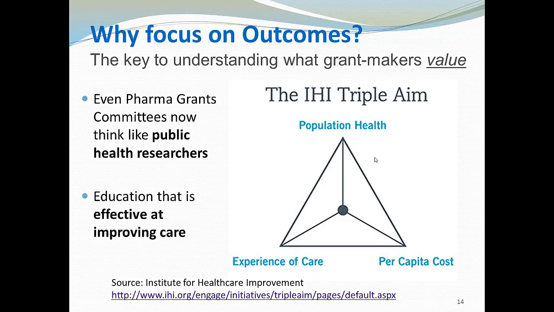The IHI, the Institute for Healthcare Improvement, for those of you who know, is a great resource for tools and frameworks, ways to think about the triple aim, which even the federal Centers for Medicare and Medicaid is embracing: that we want to try to improve all three on an ongoing basis: population health, satisfaction of patients' experience of care, and lower cost.